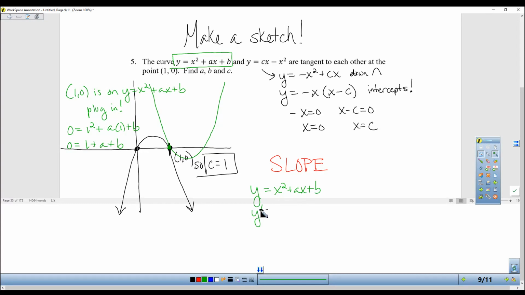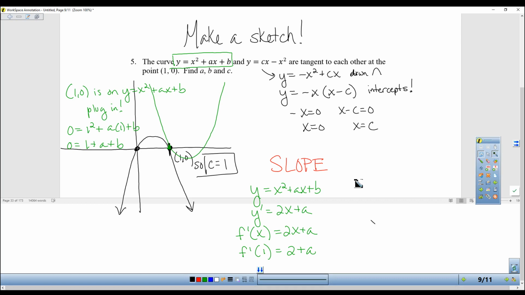The formula for the slope is 2x plus a. Now that's not a good way of writing it because I need to actually plug something in here. I want to know the slope at 1 because that's the point of tangency. At 1, the slope is 2 plus a because if x is 1, you just get 2.